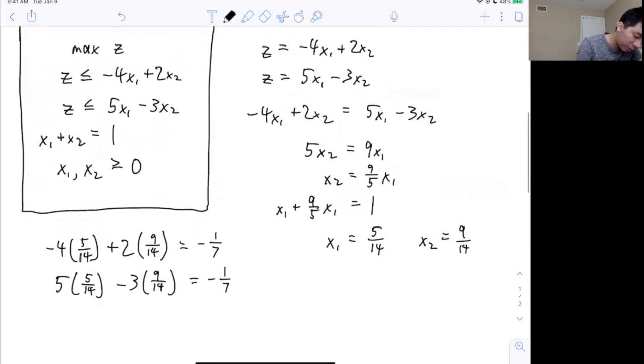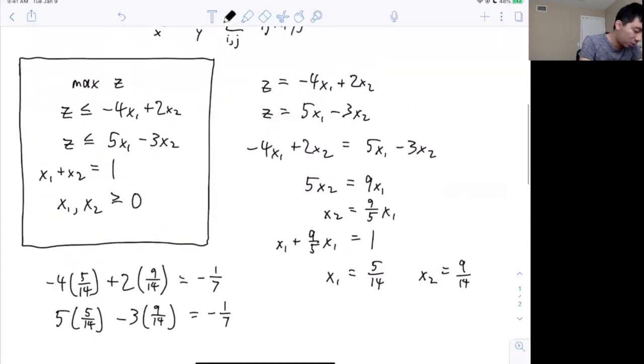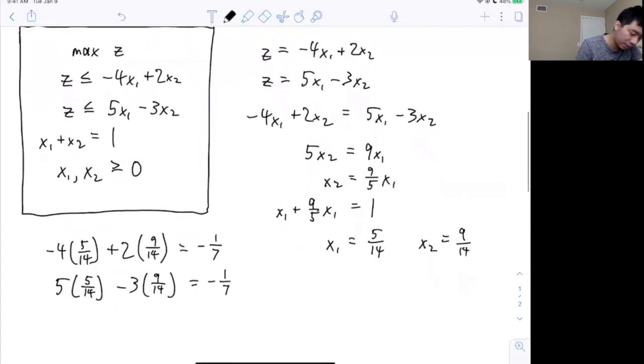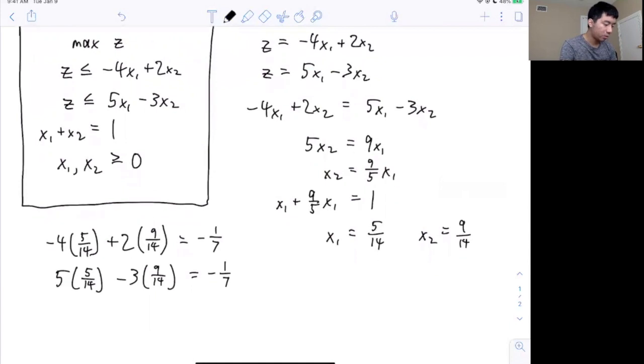So now we've seen that this vertex is the one that satisfies these three constraints with equality, and x1 and x2 do follow the fourth constraint that both of them are non-negative, so that's good. We still need to check if this is actually a maximum.